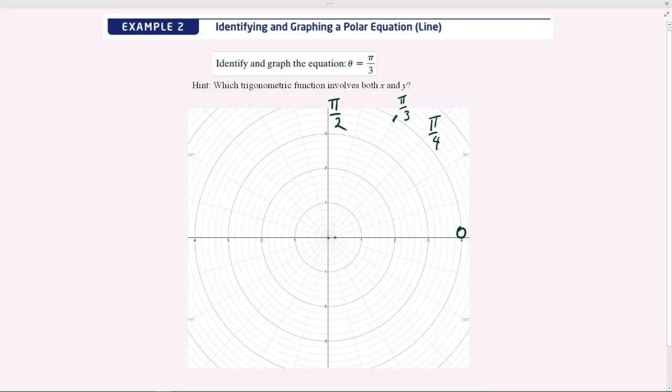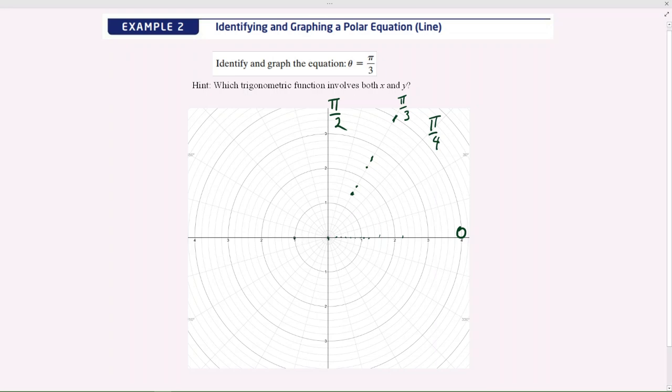And if I move anywhere along the polar axis, from there I want to go an angle of pi over 3. So that's going to create the terminal angle that reaches out to our pi over 3 everywhere I go. Now if I go backwards on the polar axis, remember the pole is what we rotate around or revolve around. So if I go back here, I need to do an angle, and again it's counterclockwise.